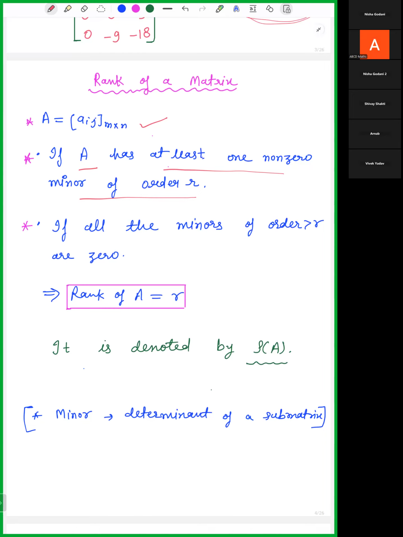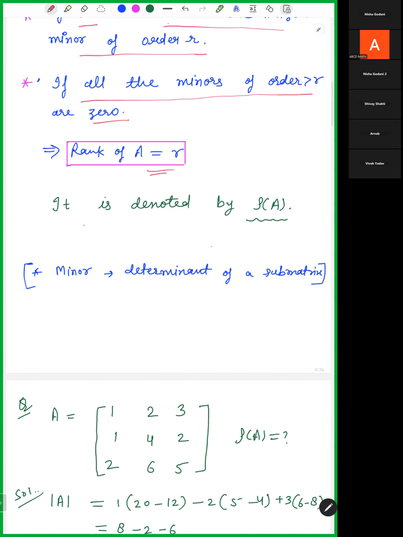If you have at least one non-zero minor of order r and all minors of order greater than r are zero, then the rank is r. Let's discuss this with the help of an example.